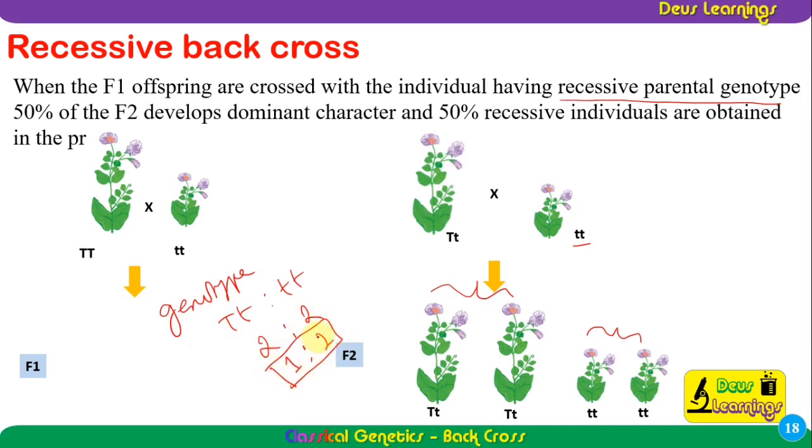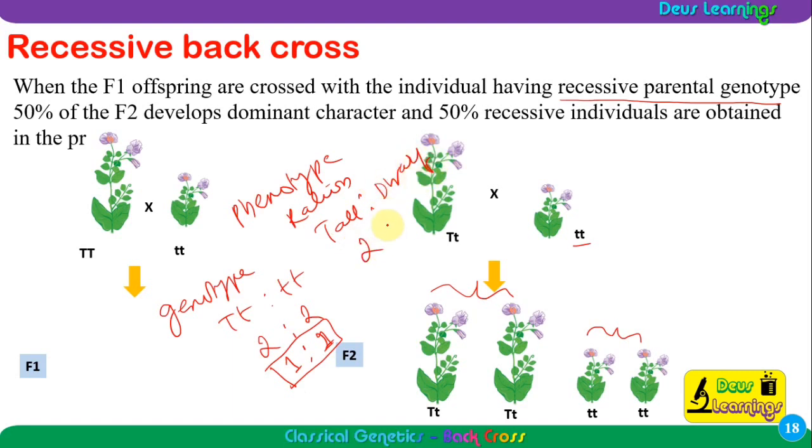And if you see the phenotype ratio, it is also the same: tall versus dwarf, there are 2 tall and 2 dwarf, that is 1:1. So both genotype and phenotype ratios are the same. That means 50% tall and 50% dwarf, right?